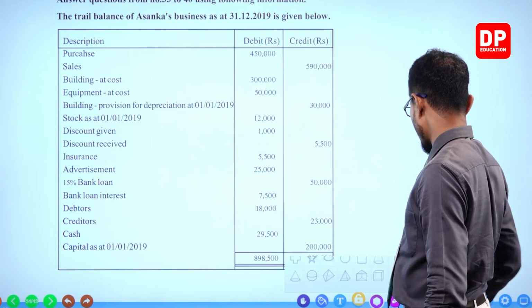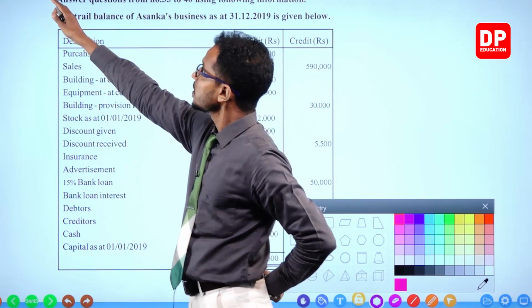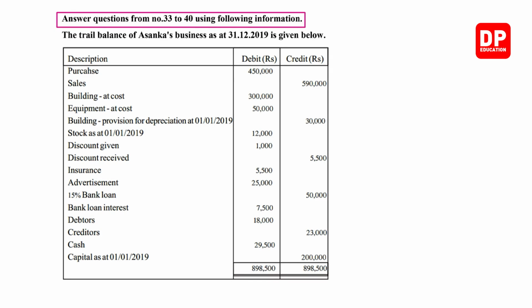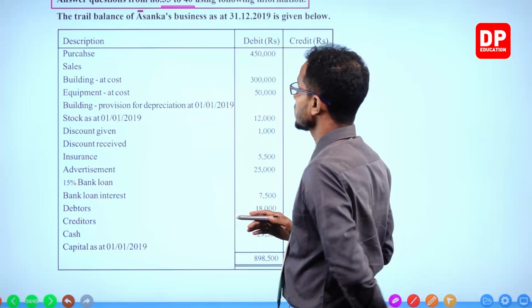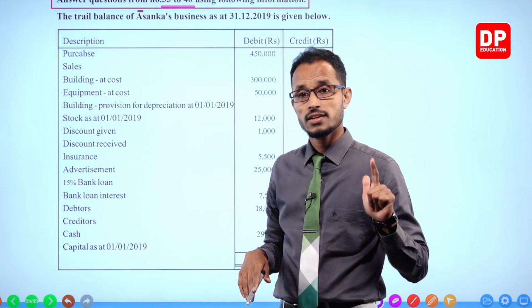Okay, what do we have here? We have a trial balance given to us to answer questions from 33 to 40. 33, 34, 35, 36, 37, 38, 39, 40.